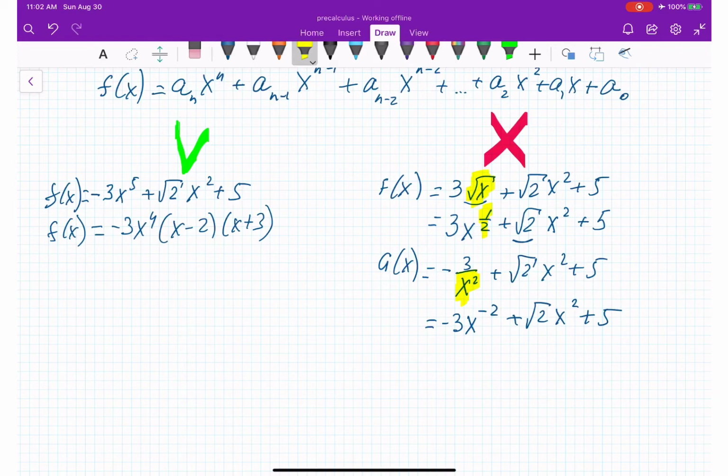Because we have a negative exponent here, it's not acceptable as a polynomial function. As long as we have a degree that is a whole number, 0, 1, 2, 3, 4, and so on, it's accepted as a polynomial. See here, 5 is the same thing as 5x to the power 0, so 0 degree. Everything else is not a polynomial.